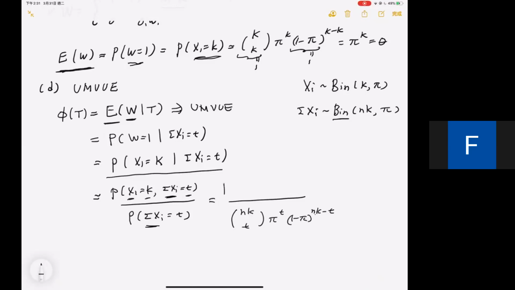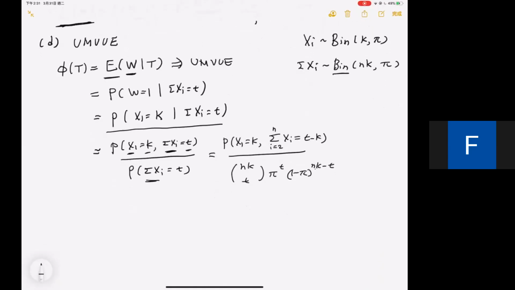So it means I can write that x1 is k, then what? Summation i from 2 to n of xi equals what? T minus k. The reason I want to do so is I'm trying to create independence.